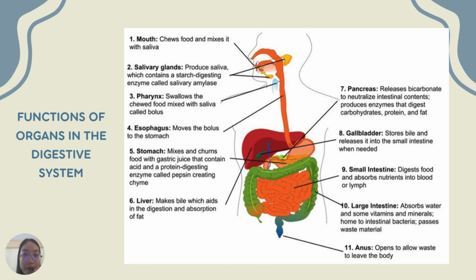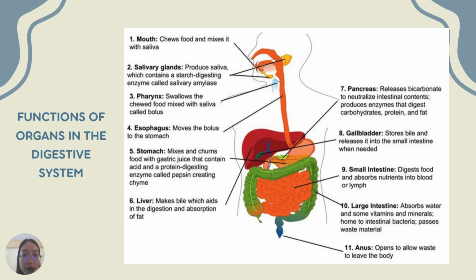Then we can see the pancreas, which releases bicarbonate to neutralize intestinal contents and produces enzymes that digest carbohydrates, protein, and fat. The gallbladder stores bile and releases it into the small intestine when needed.